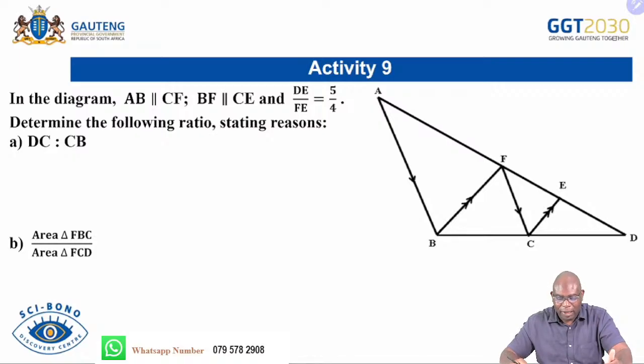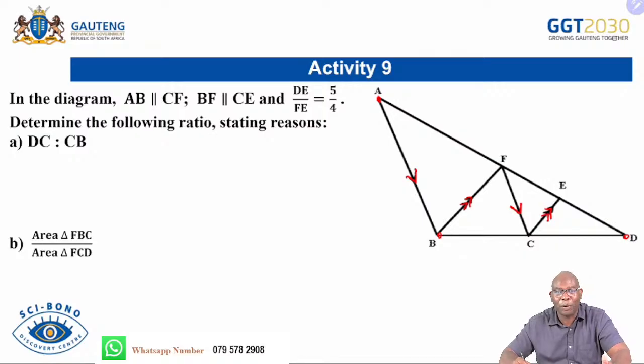In the diagram, AB, see this AB, this line, is parallel to CF. See that line there, those two lines are parallel, meaning that I'm working in triangle ABD. See, the whole triangle. Then the next one says BF is parallel to CE.